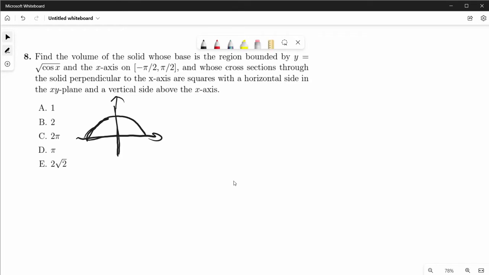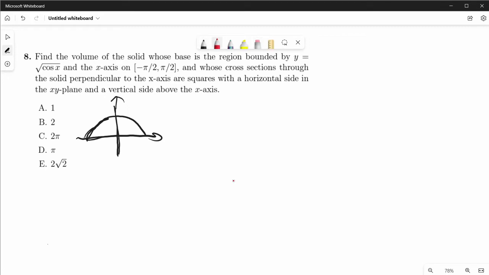Right, it doesn't really matter if you can get exactly what the graph looks like. You just have to sort of guess what the square root of cosine is. If you don't know what that is, that's completely fine, right? Cosine starts at 1, it does something like that, right? And when you square root this, of course, negatives doesn't make sense, but we only consider from negative pi over 2 to pi over 2, which is the positive part, so it'd just be shorter compared to the original cosine graph.